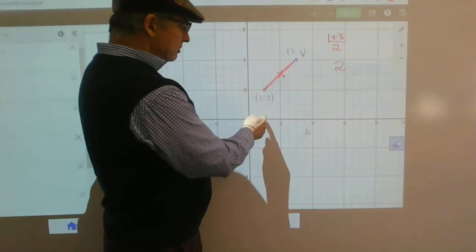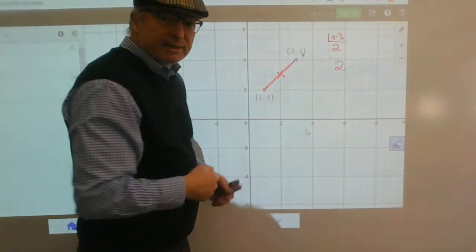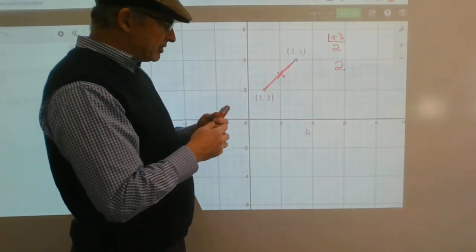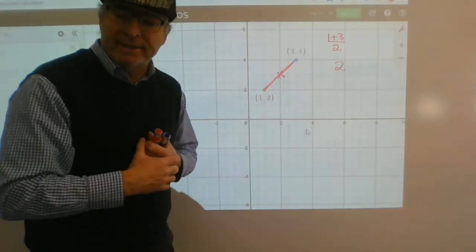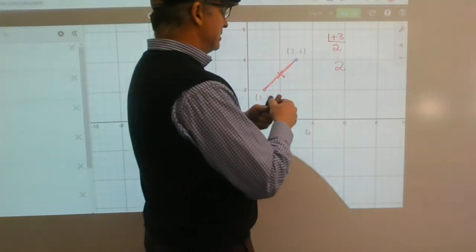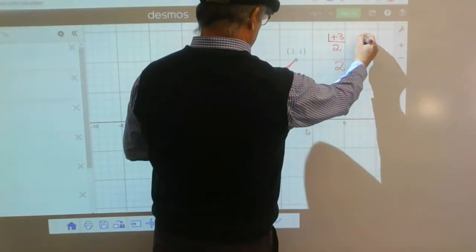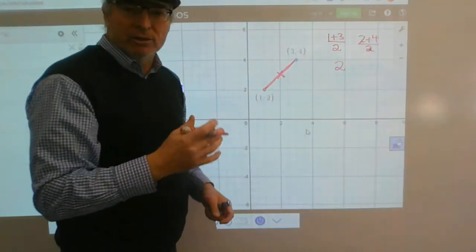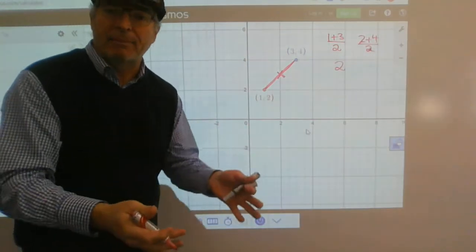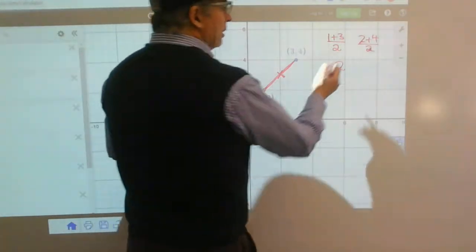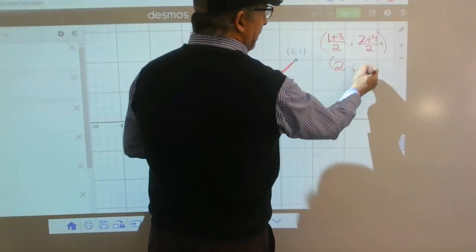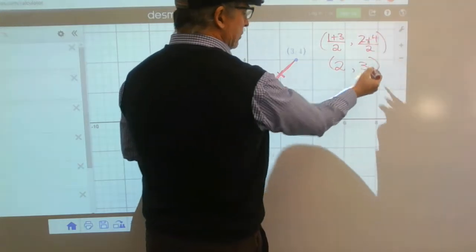So on average, we will be about 3 units up, the average of 2 and 4. If I average out the distance that the different points are from the x-axis, then I'll get 2 plus 4 and divide it by 2, because to average 2 things, you add them up and divide by 2. Okay, so I get 2, 3, because 6 on 2 is 3.